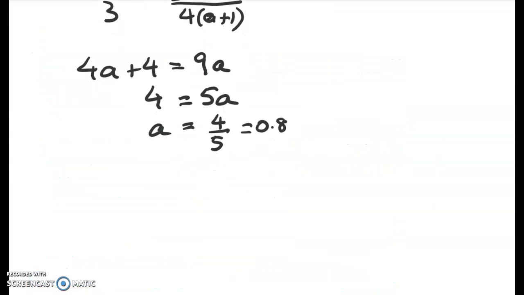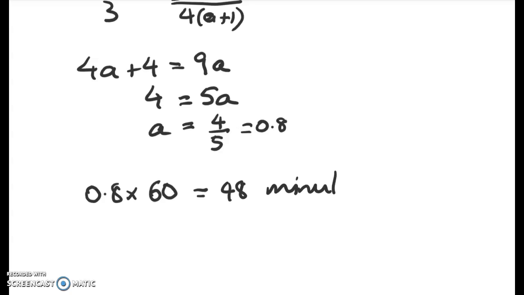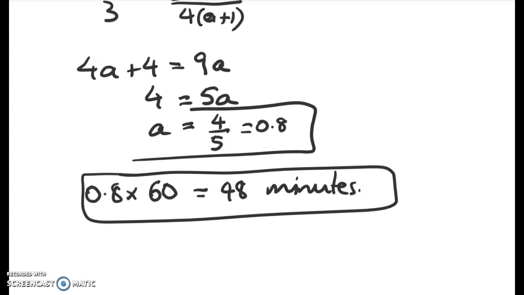So over here, 0.8 of an hour is 48 minutes. So in the schedule, they just need a equals 0.8, but 0.8 times 60 is 48 minutes. So that's how long it takes the longest runner. So you weren't asked to find it like that, but I think that makes more sense in context. The final answer they need here is just a equals 0.8.